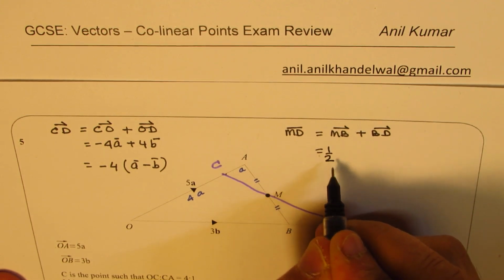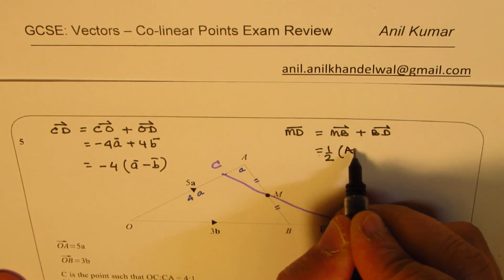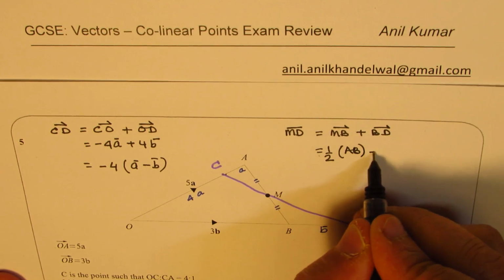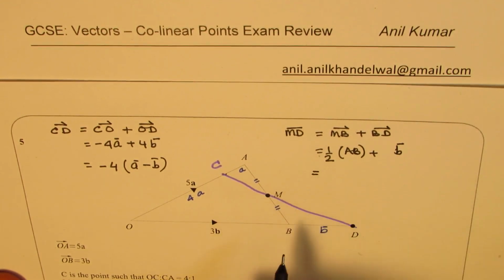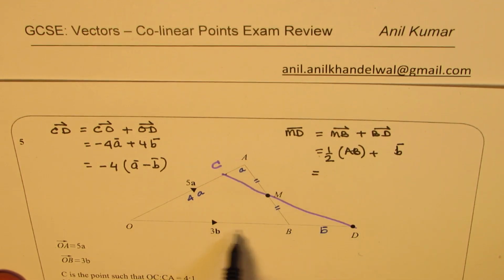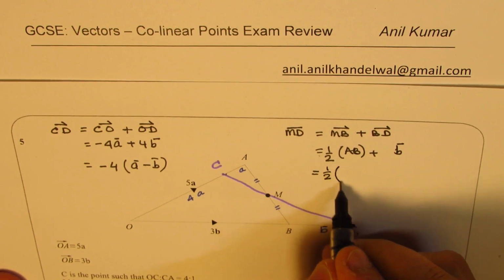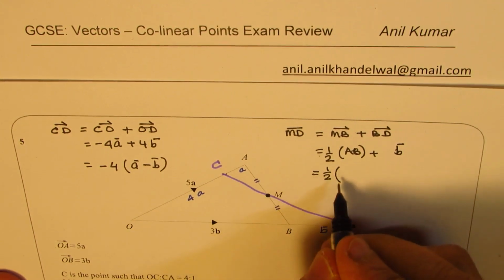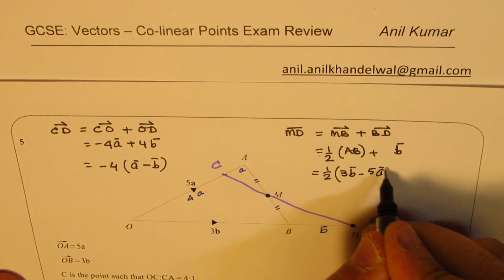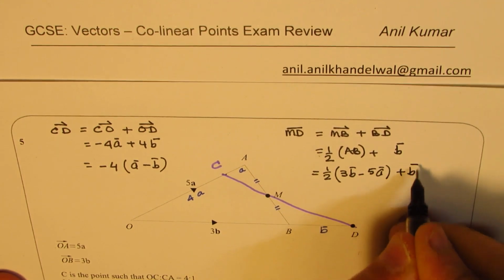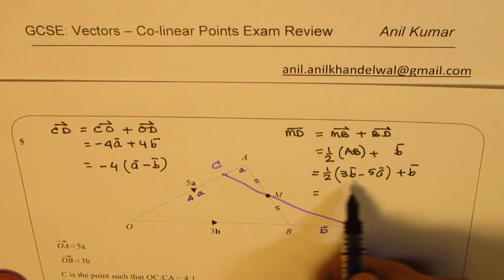M to B is half of AB. And BD we know is vector B. Now A to B is 3B minus 5A. So we could write this as A to B as 3B minus 5A. And we have B here. So let's open and simplify.